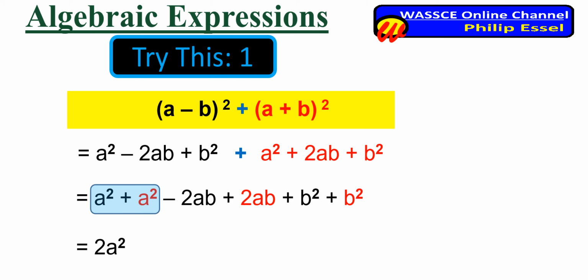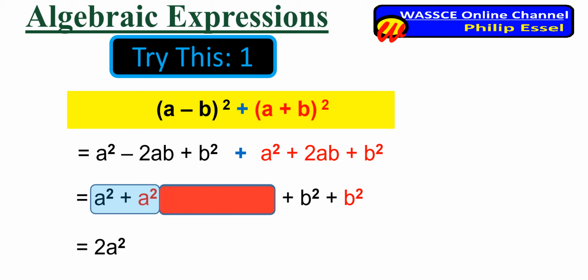Let's take our second set of like terms, and that is negative 2ab plus 2ab. Negative 2ab plus 2ab would cancel out each other, so that whole expression will be 0. So let's close it, we'll cover it.